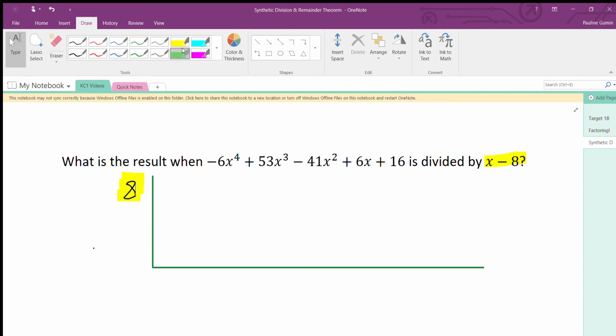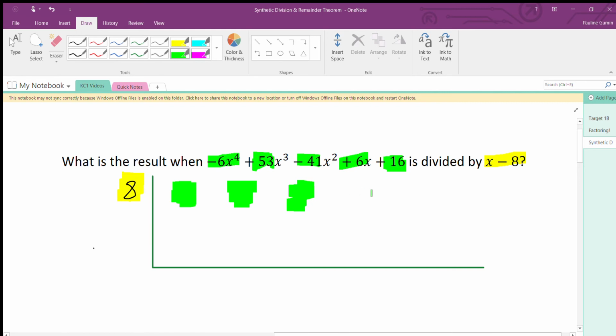And just like before, I'm going to take all of the coefficients as well as the constant, and we're gonna plot them here, giving ourselves quite enough space. If your L shape just is not long enough, you can always make it longer. I'm not usually good at estimating the length of my L shape, but I've just kind of been lucky these past 2 tries.